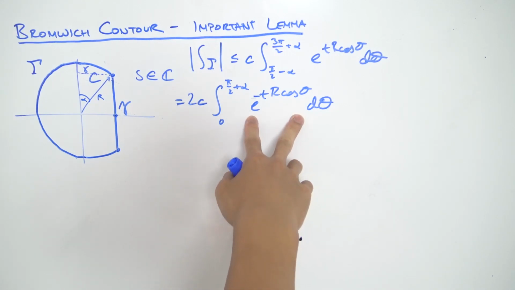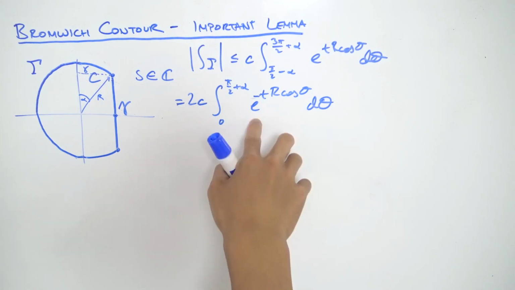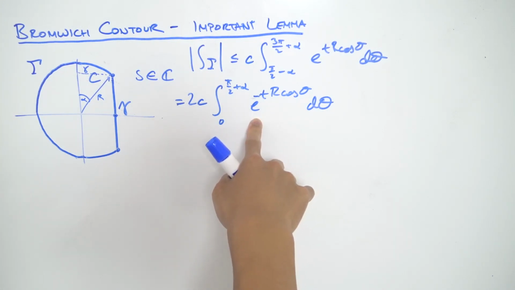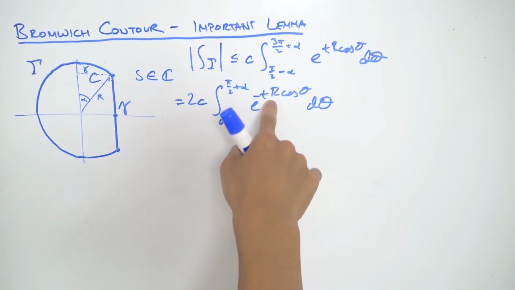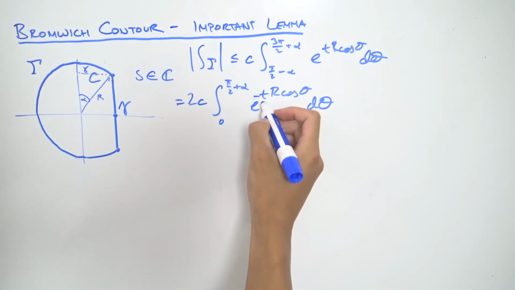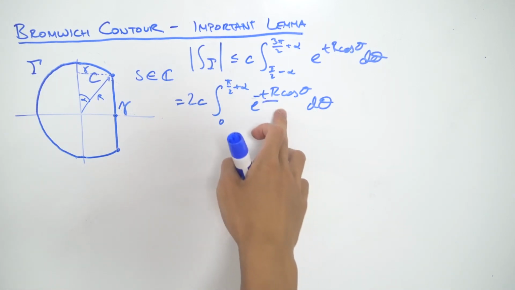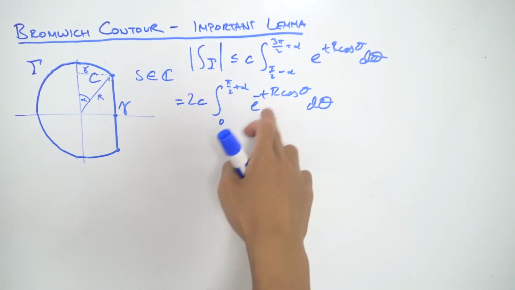First of all, let's take a look at the exponential function. Notice that this is a decaying exponential, so we have e to the minus something. T times r, those are just constants in terms of theta, so we don't really need to worry about that.